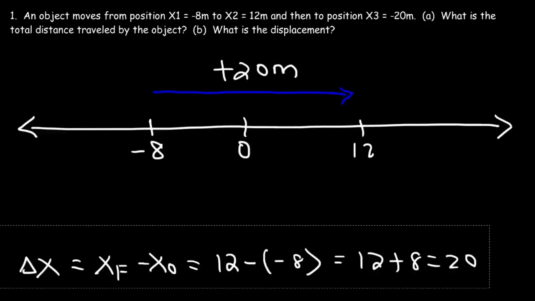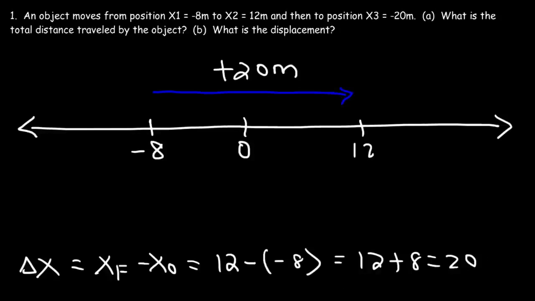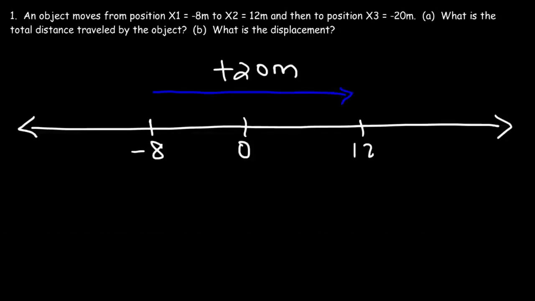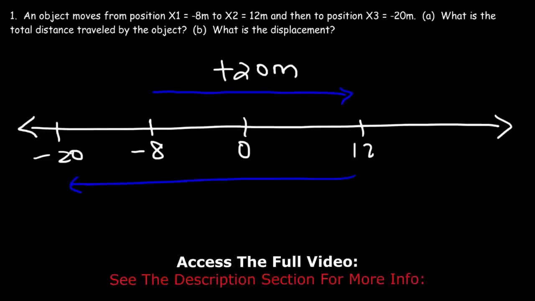Now what about the second part of the trip? How far did the object travel at that point? So the object starts at position 12 and then moves towards position -20, which should be somewhere over there. So let's calculate the displacement just for the second part of the trip.